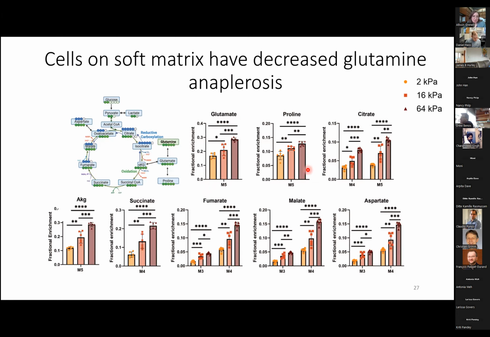And when I looked at TCA cycle metabolites, ones that could be generated from both oxidation and reductive carboxylation, I found that there was, again, a decrease in the fractional enrichment of these metabolites from glutamine, suggesting a decrease in glutamine contribution to the TCA cycle and anaplerosis.